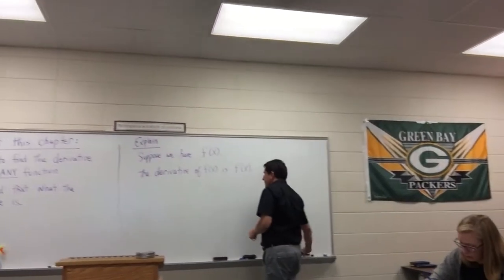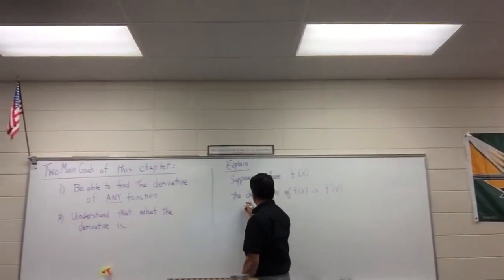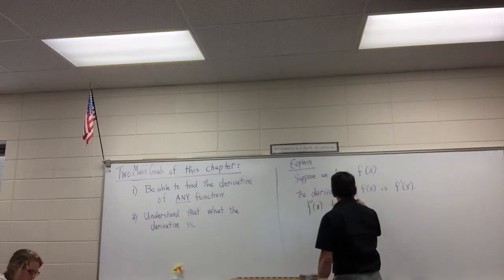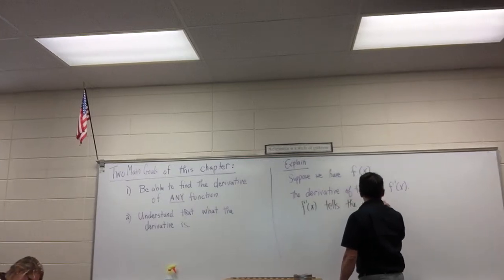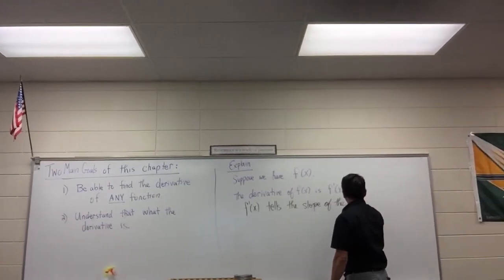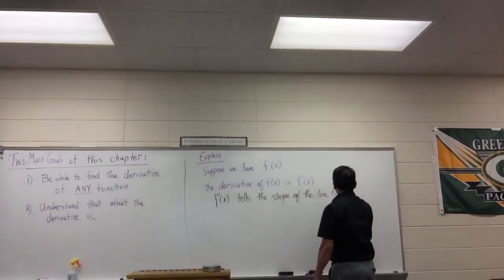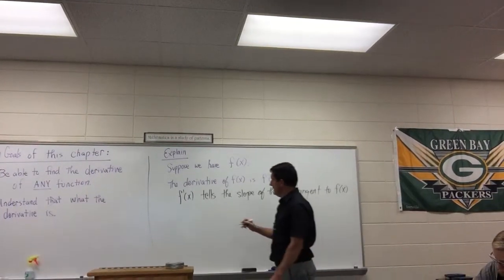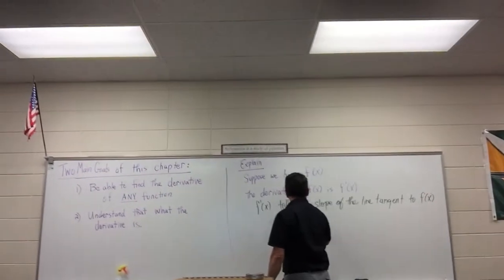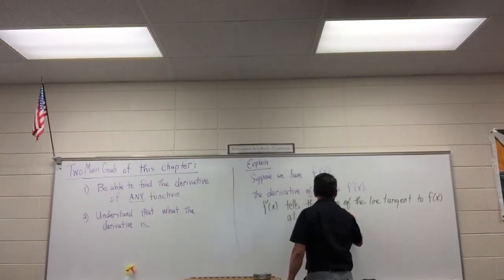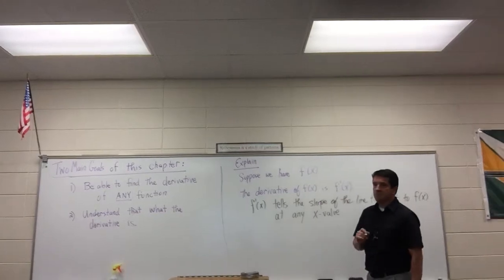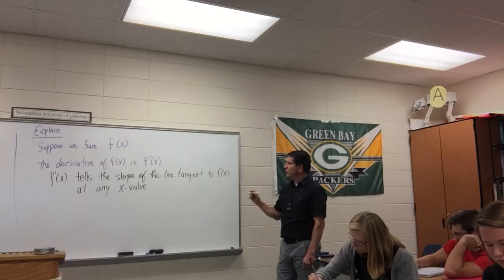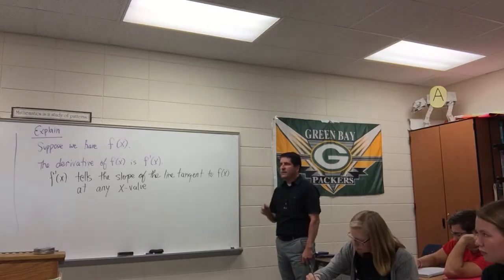So, put this in here. f prime of x tells the slope of the line tangent to f of x at any x value. So f prime of x tells the slope of the line tangent to f of x at any x value.